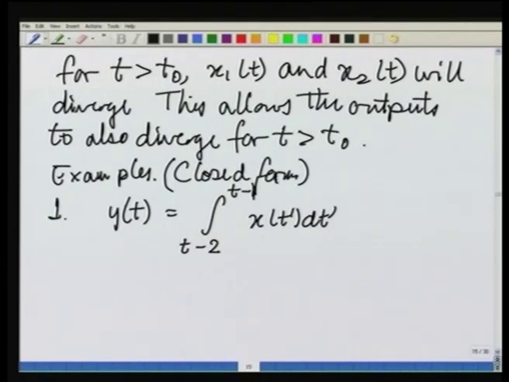This system which I have drawn over here, which I have described over here, integrates x t from 2 seconds in the past up to 1 second in the past, that is for an interval of 1 second, from t minus 2 to t minus 1, and this integral is declared as the value of y t. This is clearly a causal system, because only information about the past of x t is being used. This is therefore causal.